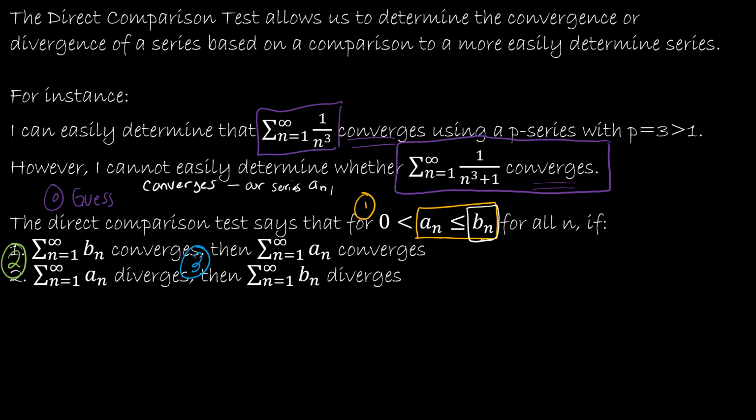So our series is a sub n, we have to find a b sub n to compare. If our guess is that it diverges, then I need to let our series, the one that we're trying to determine, be b sub n, and then I need to find a divergent a sub n.